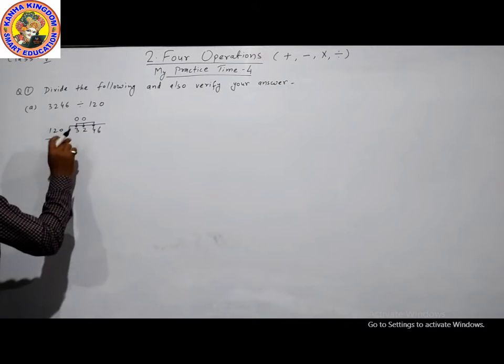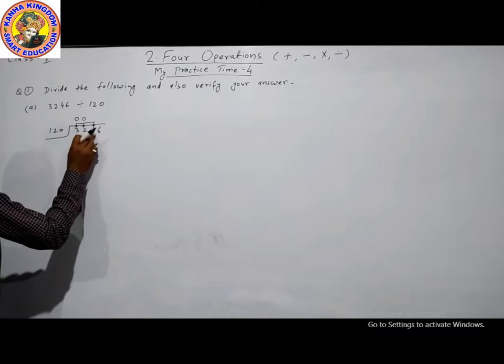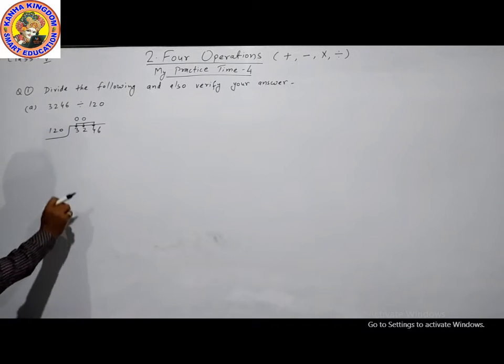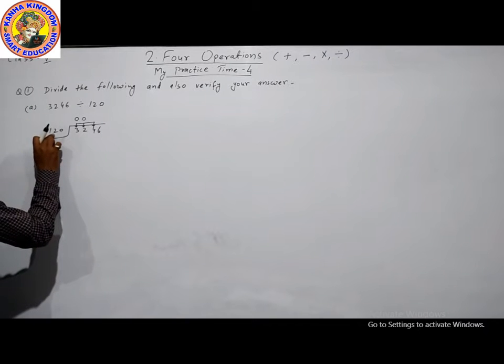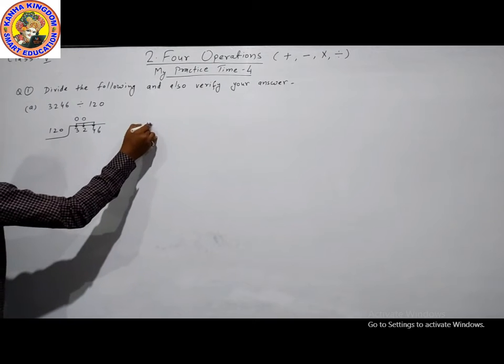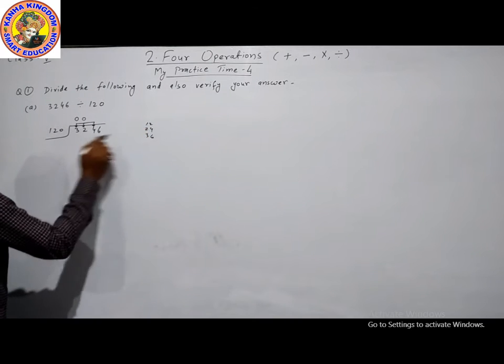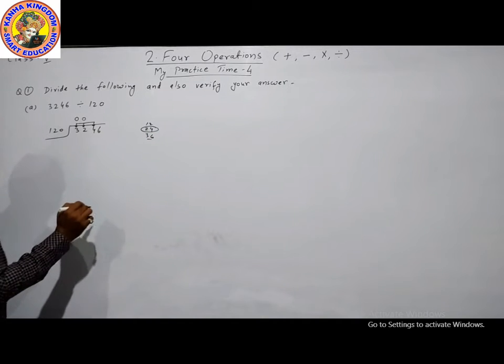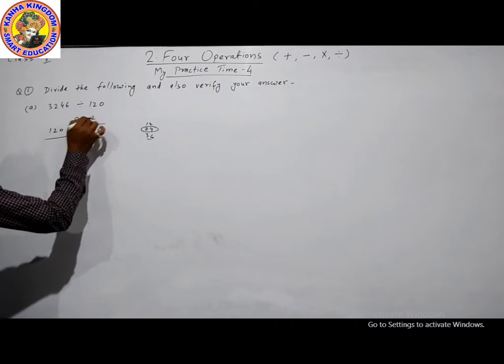Joining the three numbers, 324, here is 120. So the table of 12, leave the 0: 12, 24, 36. Here is 324 and we have 36, so we will take 24.